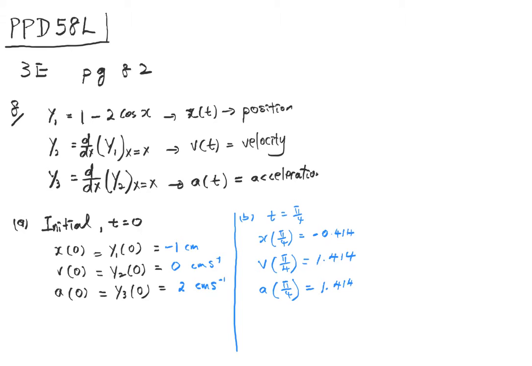It is moving to the right with the speed of 1.414 cm per second. And its velocity is increasing at the rate of 1.414 cm per second also. See or not? That is called describe.